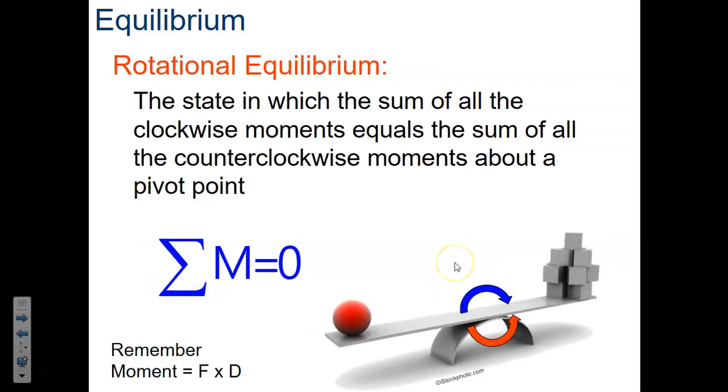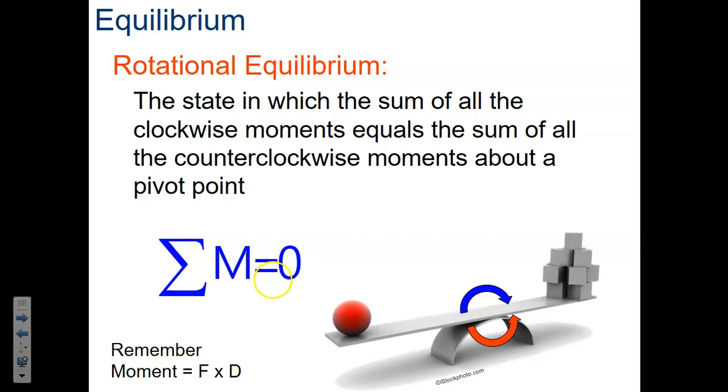What also has to happen is that my ups and downs have to cancel, my left and right forces have to cancel, and my torques also have to cancel. If my torques don't cancel, then that's bad. We get crashing. They state it as the sum of M equals zero. POE likes to use the term moment and moments.